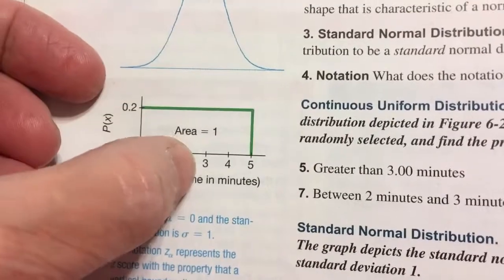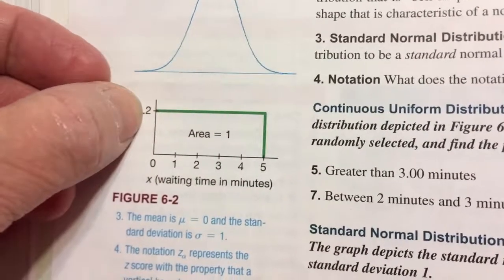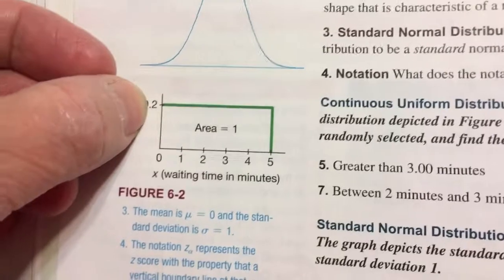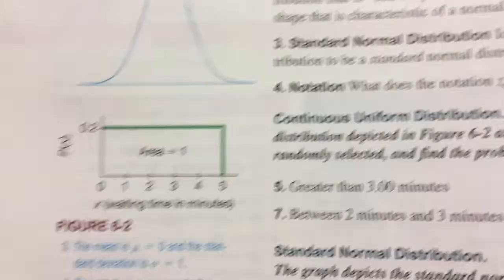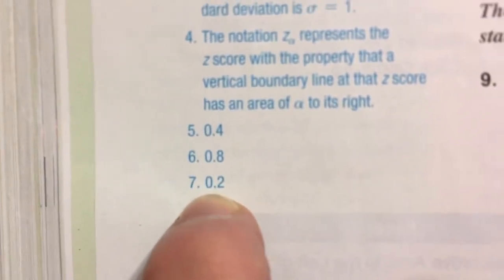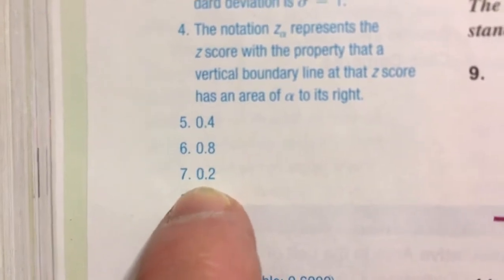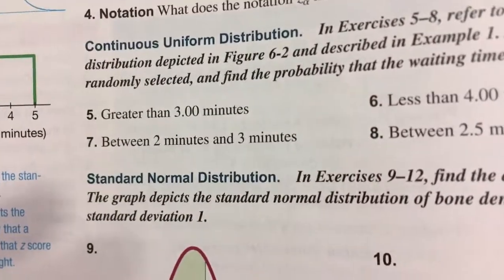And 1 times 0.2 is going to be 0.2, and 1/5 winds up being 0.2. So number 7 should be 0.2, and it is. So 20% or 0.2 is the probability of between 2 and 3, and that was number 7.